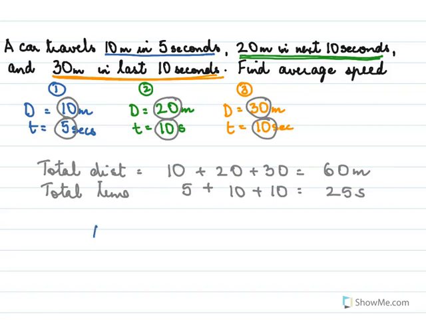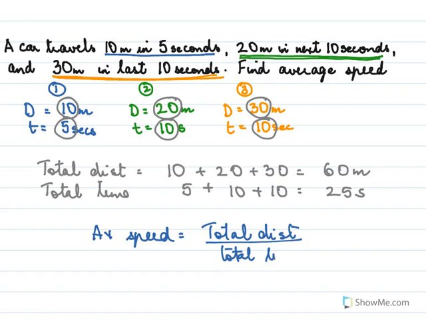Now to find average speed, it should be total distance over total time. Total distance 60, total time 25. You then reduce it by 5, so you have 12 by 5. So 12 by 5 meter per second.